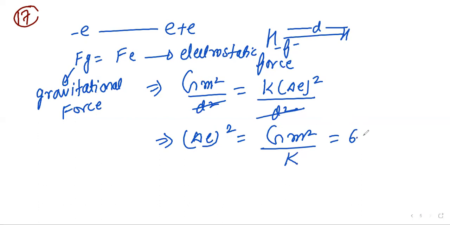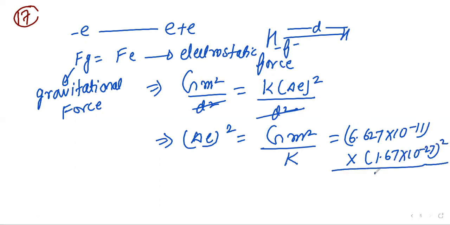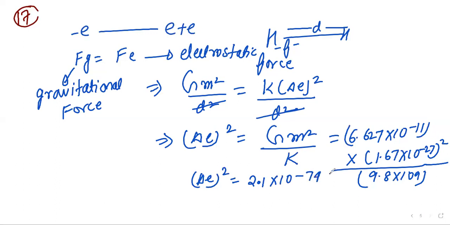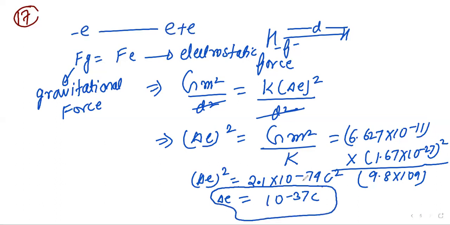G is the gravitational constant, 6.67 into 10 raised to minus 11, into 1.67 into 10 raised to minus 27 whole square, divided by K, which is 9 into 10 raised to 9. So delta e square comes out to be about 2.1 into 10 raised to minus 74 coulomb square. So delta e will be about 10 raised to minus 37 coulomb. This is the answer. Please write it down.